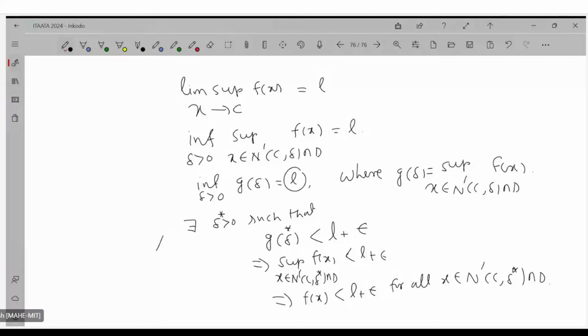If you add L plus epsilon, there will be a number such that G delta star will be less than L plus epsilon. Now G delta star is nothing but the supremum of the set. If the supremum of the set is less than L plus epsilon, that means all x in that set give values less than L plus epsilon. So this is nothing but your first condition.